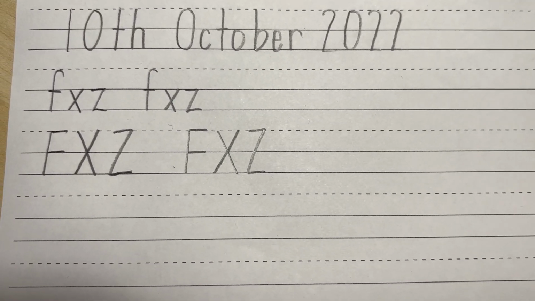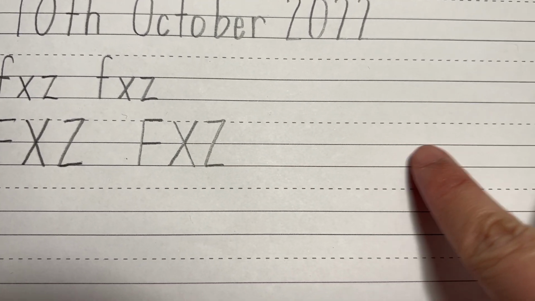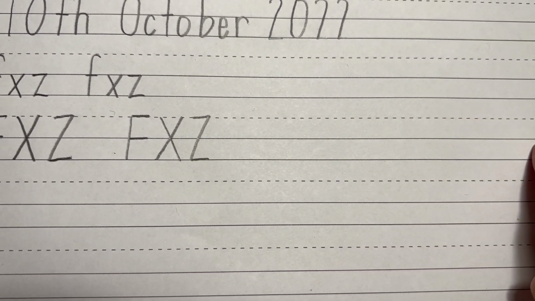Uppercase F, X, Z. You can start writing. Once you've done 2 of them, you can write a few more across these lines here.